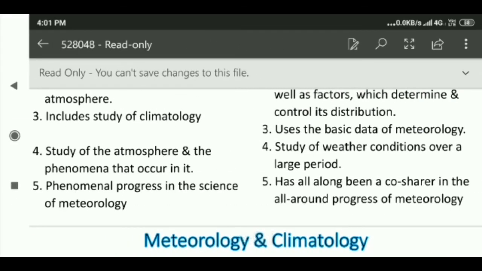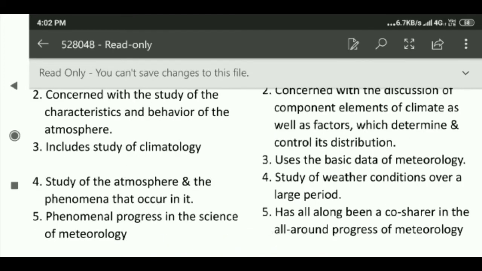Meteorology includes the study of climatology, and climatology uses the basic data of meteorology. Meteorology is the study of the atmosphere and the phenomena that occur within it, whereas climatology is the study of the weather conditions over a large period.